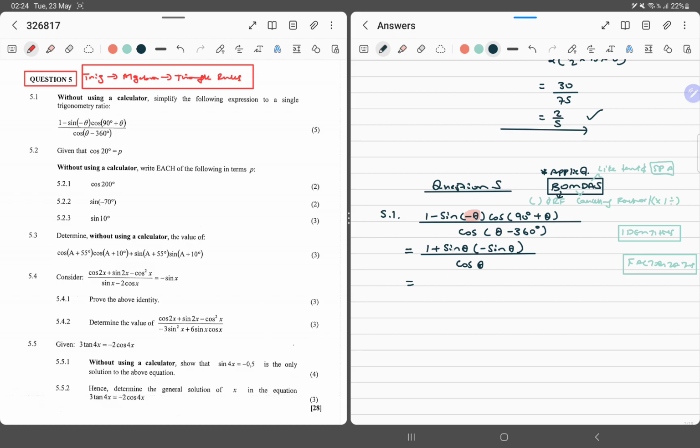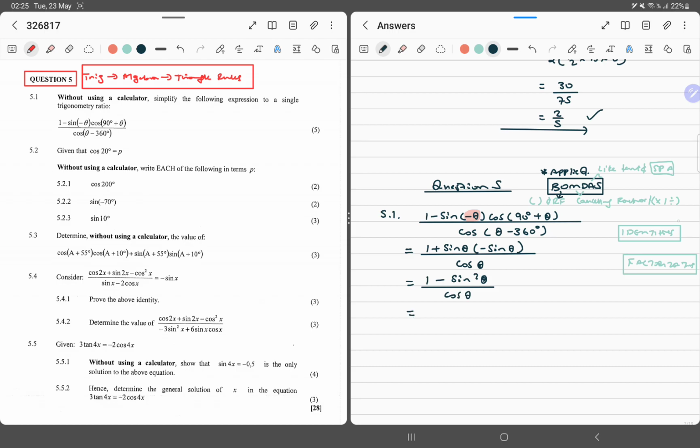Now let's just do simple multiplication, which is just DM or MD. This is the same as 1, and then now positive times negative is just going to be sine squared theta, all divided by cos theta.